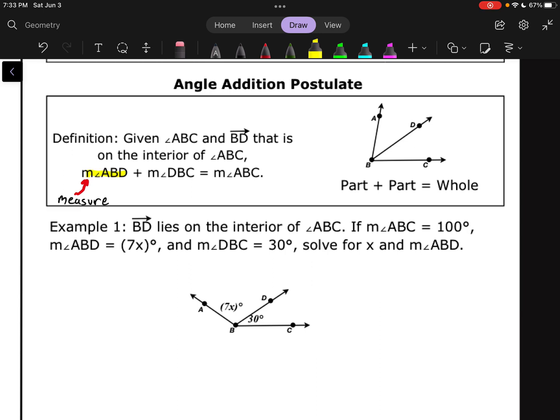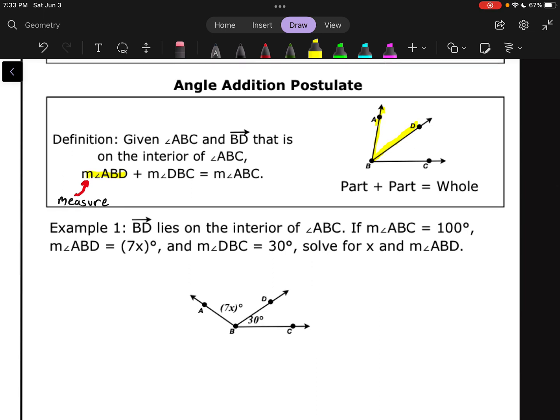The measure of angle ABD, here's ABD, that's our first part. Plus the measure of DBC, that's the second part, must be equal to the measure of ABC. So what we're saying here is that the two smaller angles, if we add their degrees together, have to be equal to the whole thing.